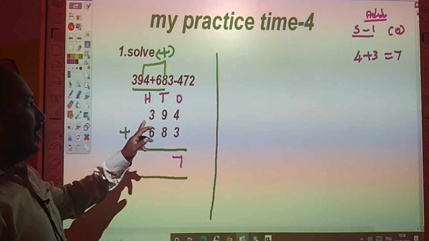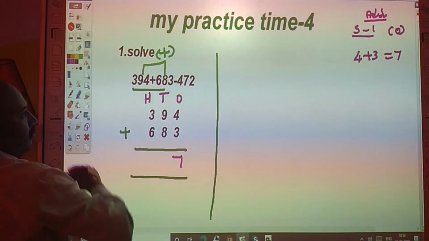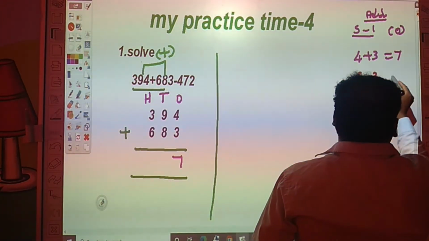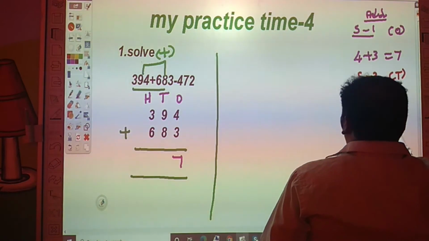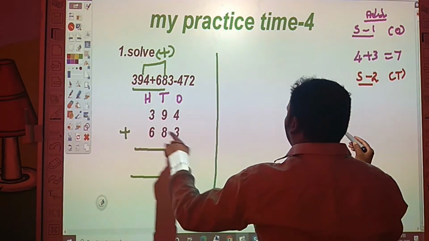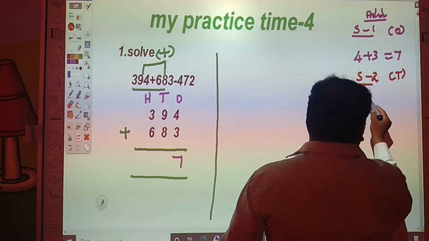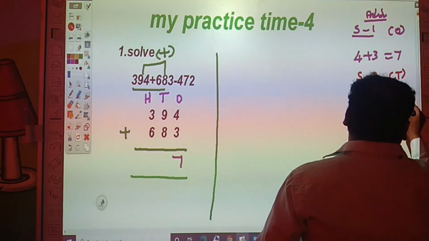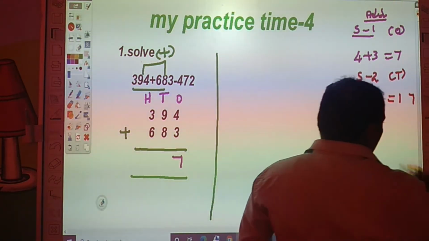Next we go to the tens place. We add the tens place. Our tens place value is 9 plus 8. 9 plus 8 is equal to 17.